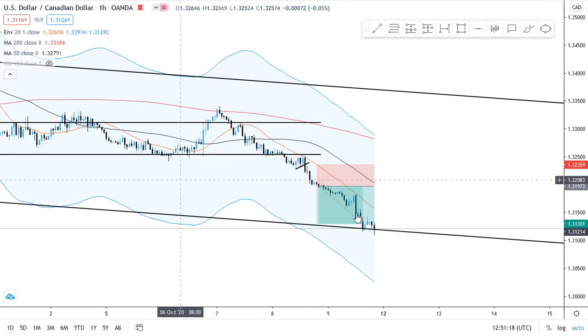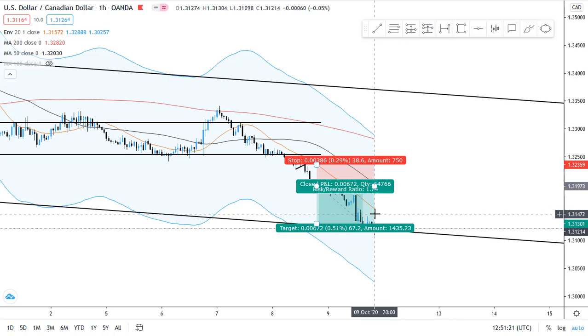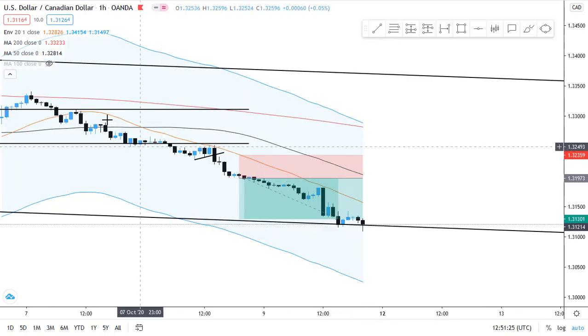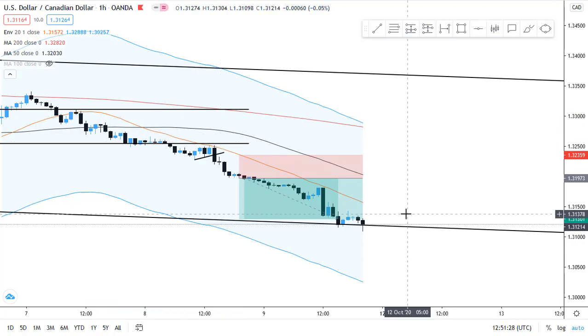If we zoom in and focus here, we can see this orange line. This one can act as a 20 MA.